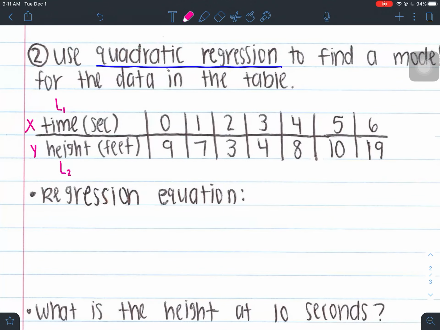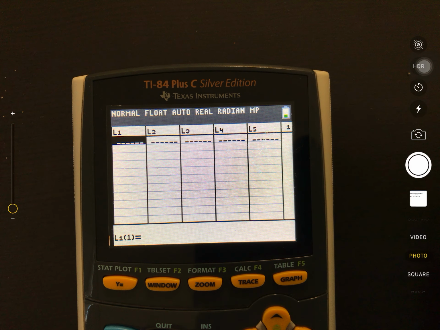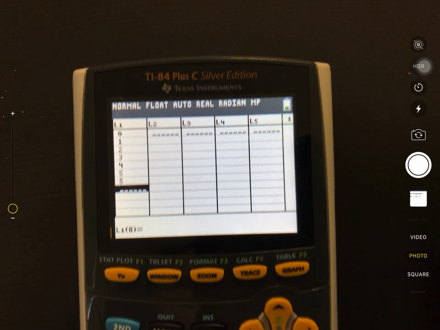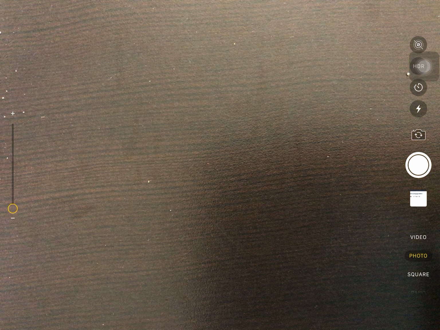So we're going to type those numbers into our table exactly the way it is. The important thing to remember when you're typing in your numbers is that you type it in exactly how you see it on the paper. 4, 5, and I'm actually going to type 5 twice just to show you I made a mistake, right? So let's say I make a mistake by accident. Oh gosh, I made that worse. Give me one second.